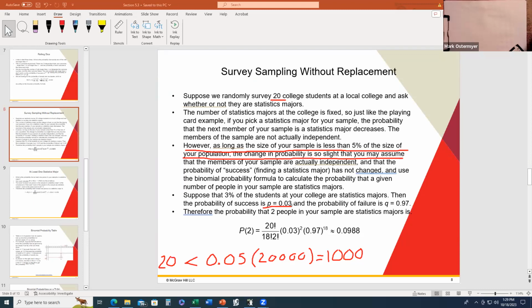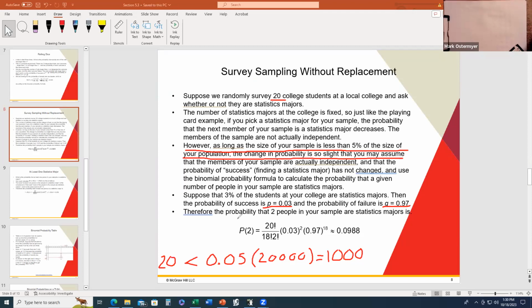That's the probability of a success. What would be the probability of a failure then? Well, that's going to be 1 minus 0.03, or 1 minus p, which is q, which is 0.97. So the probability that I randomly select a student from my large population on this campus and do not choose a stats major would be a 97% chance of a failure.